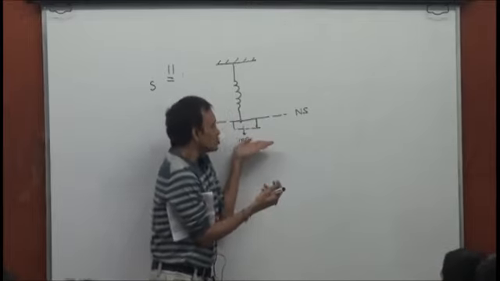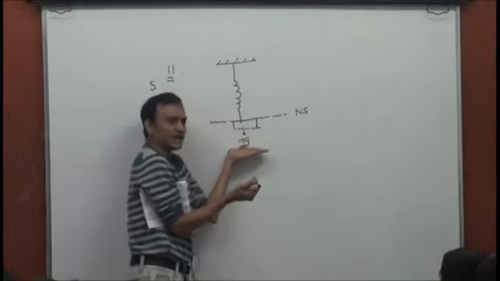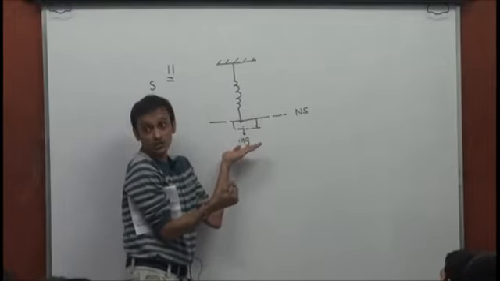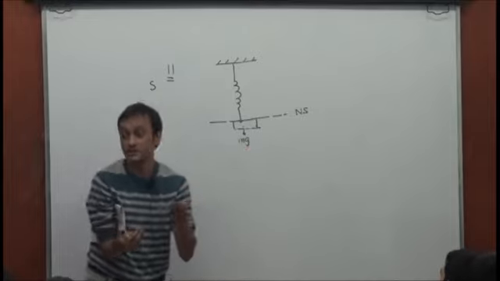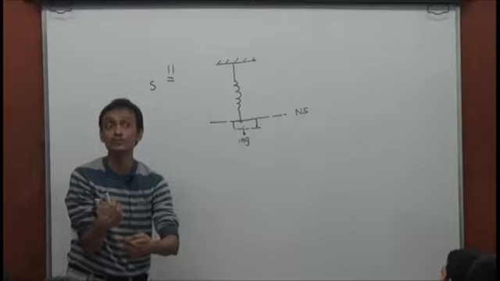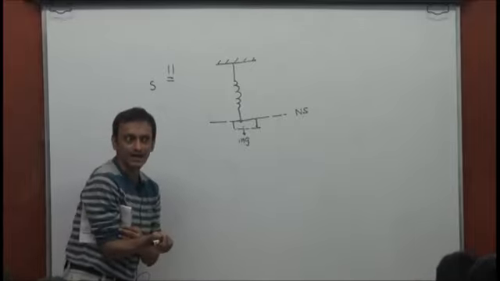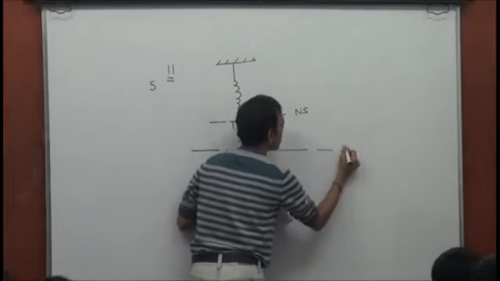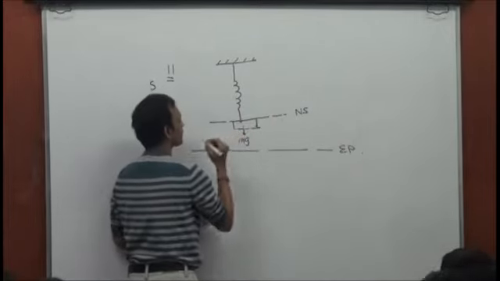Right? So eventually, when it goes down, the spring gets elongated, mg remains the same, the spring force upward increases, whereas mg remains the same. So there would be a position where mg just about becomes equal to the spring force, and that's going to be the equilibrium position of the mass m, right?